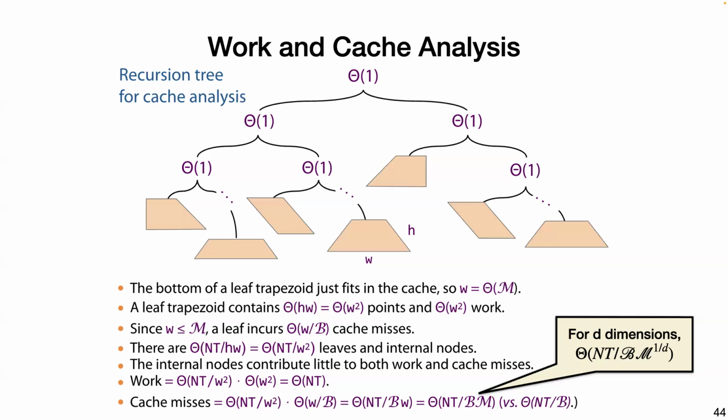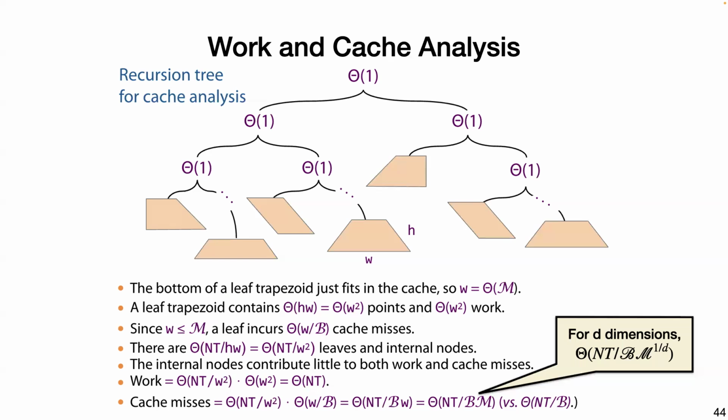So total work is the number of subproblems, which is nt divided by w squared, times the work per subproblem, which is w squared, so the work is the same, theta nt. And cache misses is number of leaves times misses per leaf.